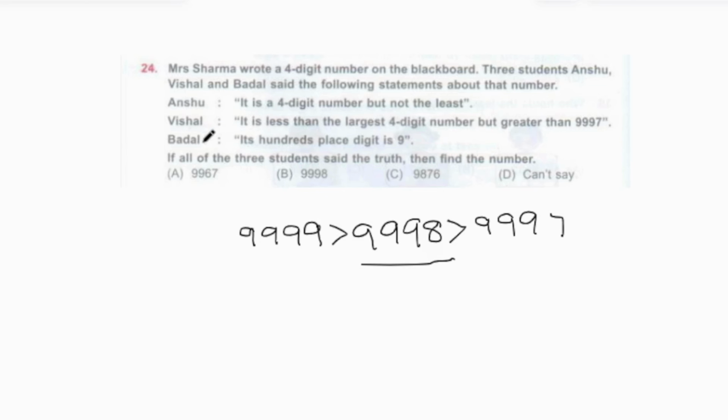Now go to Badal's statement. It says that its hundreds place digit is 9. So if you see here, this is the units place, this is the tens place, this is the hundreds place. Hundreds place is 9, which is also true. So the correct answer is 9,998, which is option B.